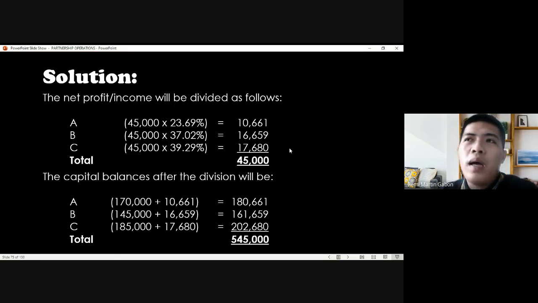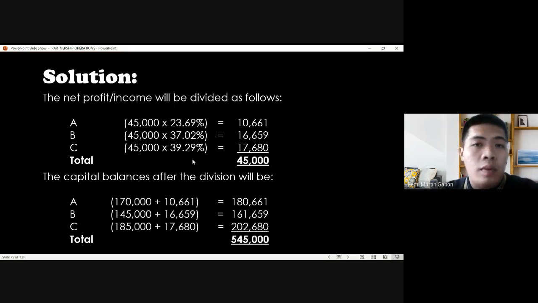So I hope you were able to catch up the different assumptions, how you're going to differentiate the different assumptions that we have using the original capital balance or ending balance. Okay, then the average balances, either simple average or weighted average. Guys, between weighted average and simple average, mostly common yung weighted average.